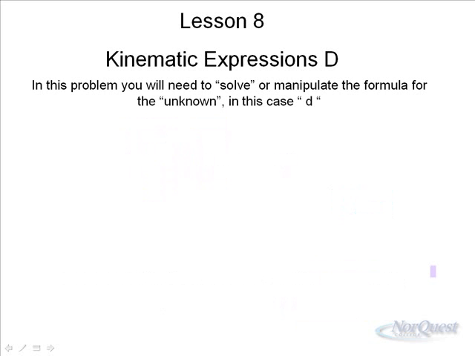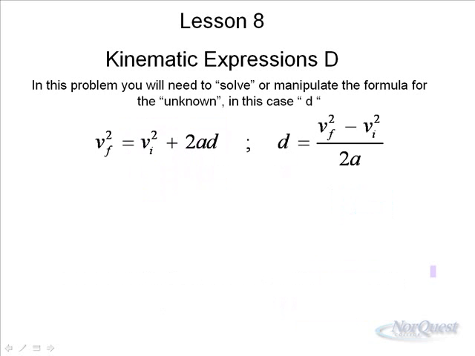And in the final example, we have a need to manipulate the formula for the unknown, in this case, d. So what we're given is enough information. We're probably given the final velocity, the initial velocity, and the acceleration, but in this case we're asked how far.